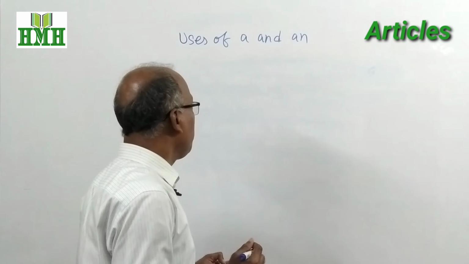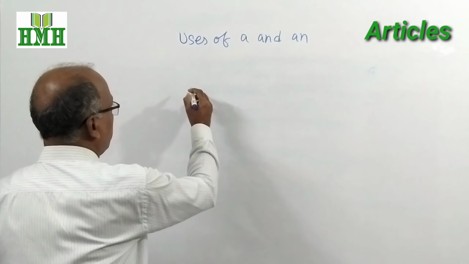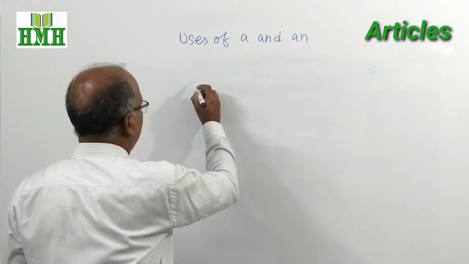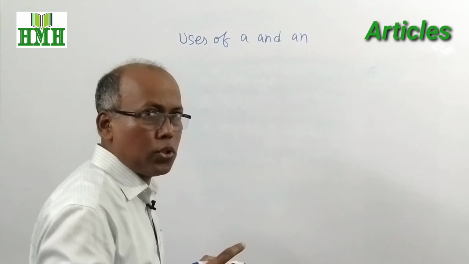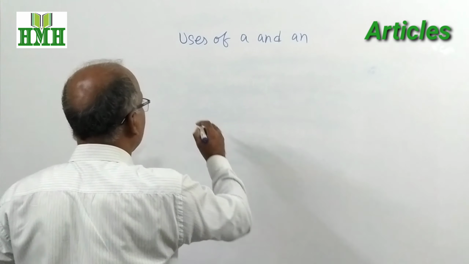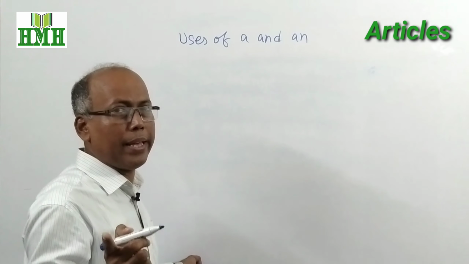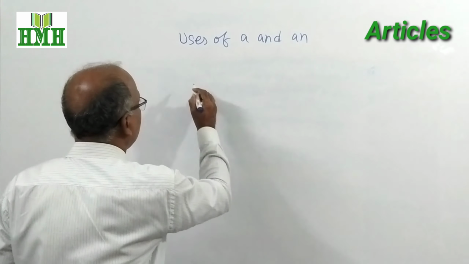We can see many abbreviations in our day-to-day life. A is used before an abbreviation that sounds like a consonant, and an is used before an abbreviation that sounds like a vowel.